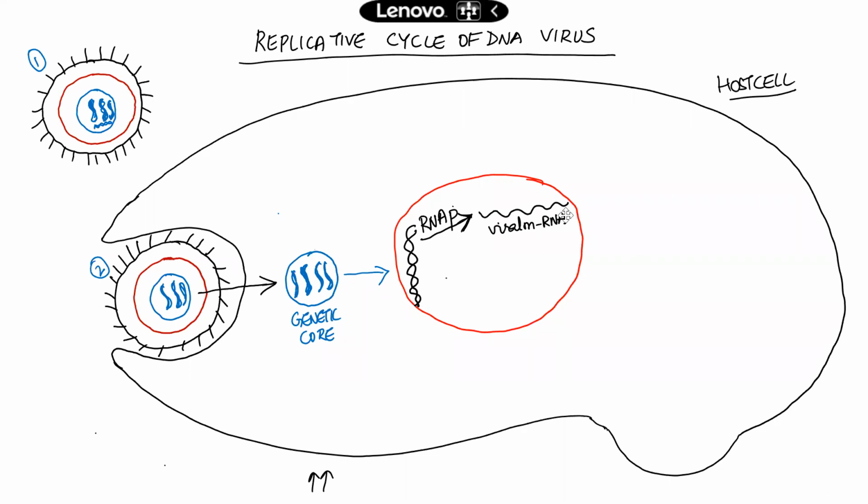The genetic material of the virus is acted upon by the host RNA polymerase, and it gets converted into a viral mRNA. Now this viral mRNA is quite smart, and what it does is it utilizes the ribosomes, which is the 50S and the 30S subunit, right? It utilizes that and starts the transcription and translation process.